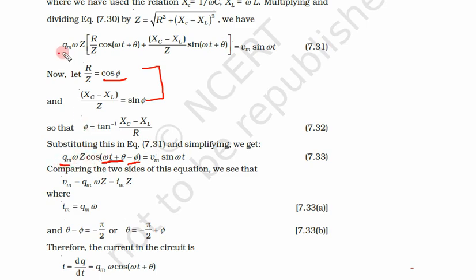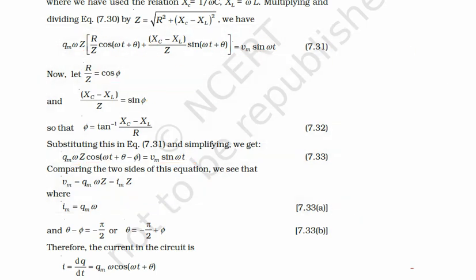So qm omega z was already there. This whole term is solved to cos of omega t plus theta minus phi. It must be equal to this Vm sin omega t.